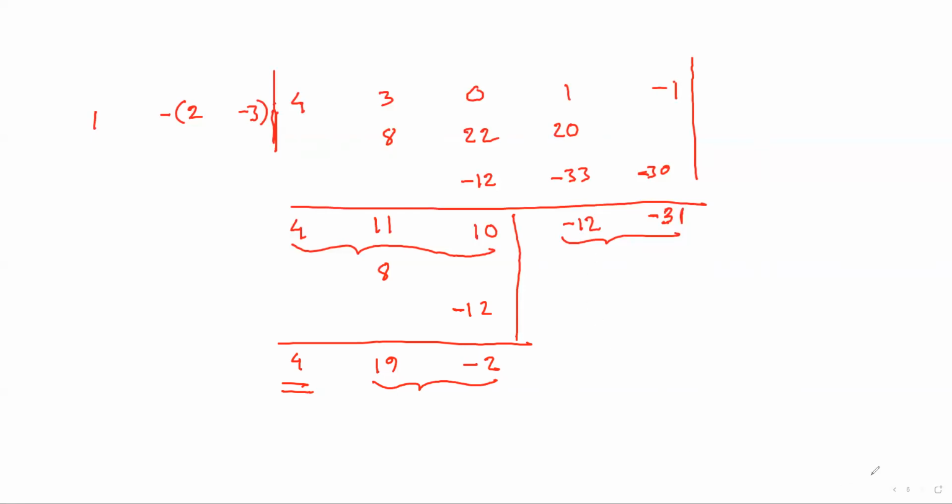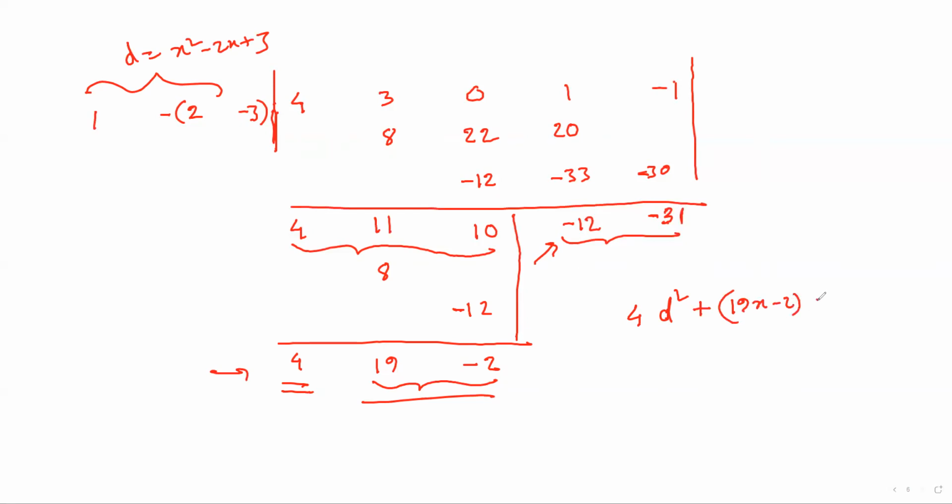And we can express this entire expression from this row, this part only. So we can just write 4 times the divisor square, the divisor being x square minus 2x plus 3. So 4 times divisor square plus 19x minus 2 times divisor, then minus 12x minus 31.